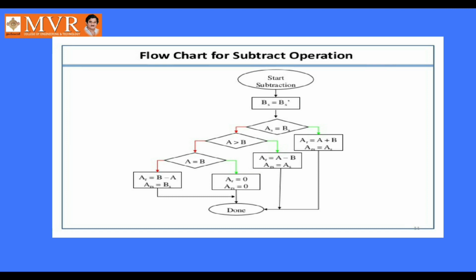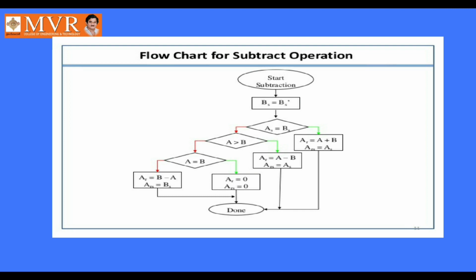If A sign and B sign are both equal, that is, if it is yes, then what do we do? Either both are positive values or both are negative values. You got my point? In these two cases, the sign bits of both will be the same.